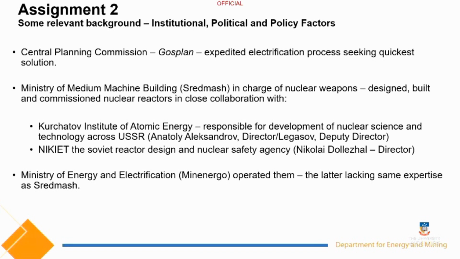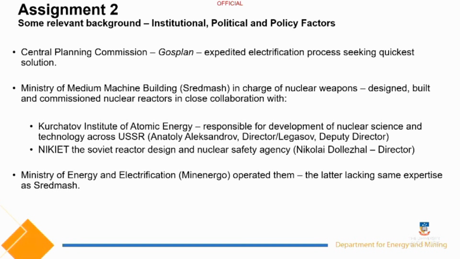The Ministry of Medium Machine Building, SREDMASH, which was in charge of the nuclear weapons, designed, built and commissioned nuclear reactors in close collaboration with the Kurchatov Institute of Atomic Energy, which was responsible for development of nuclear science and technology across the USSR, headed up by Anatoly Alexandrov, but more importantly, Legasov. If you ever watched the HBO series, that's where Legasov lived. He was the deputy director of this institute.